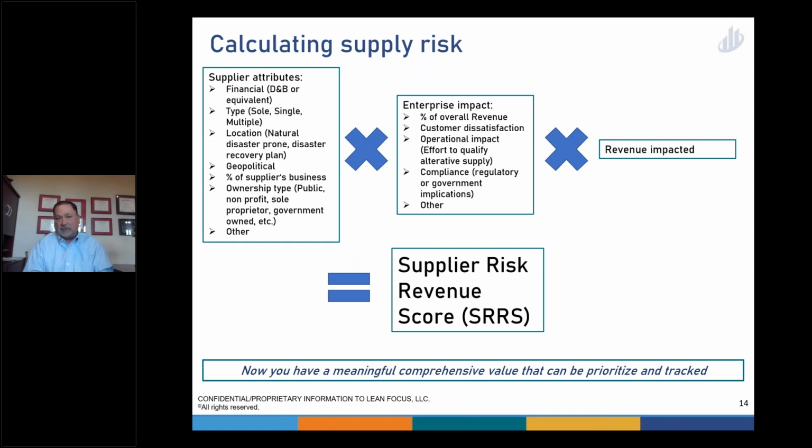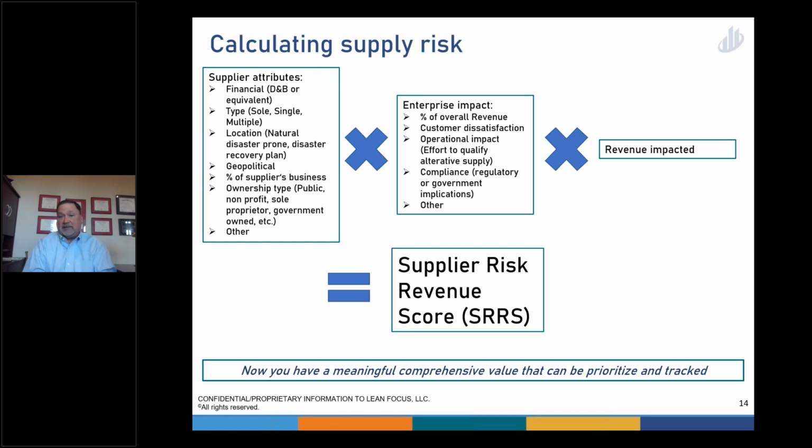Not all industries have compliance or regulatory impacts, but in some cases, if you have a defense-related or medical-related contract, there could be regulatory or compliance implications that could mean higher risk for a given supplier versus others.